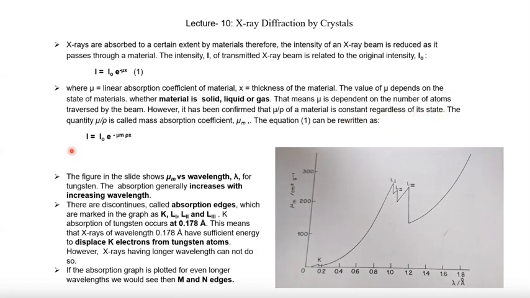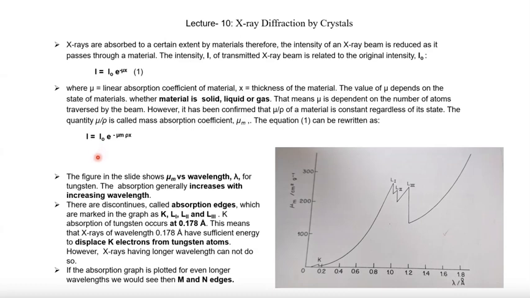This mu by density is called the mass absorption coefficient, mu m. So we can rewrite this equation as I is equal to I naught e to the minus mu m rho x.